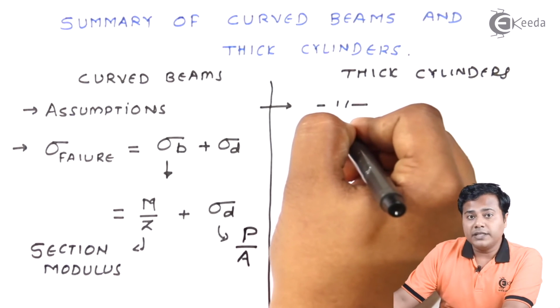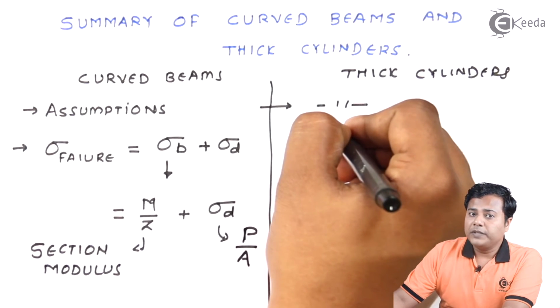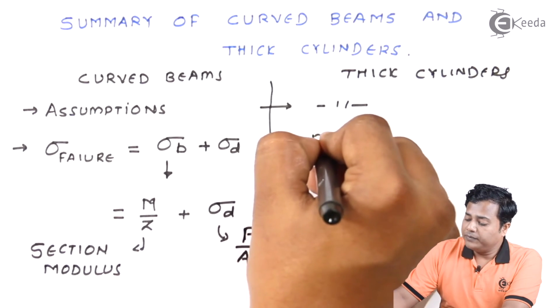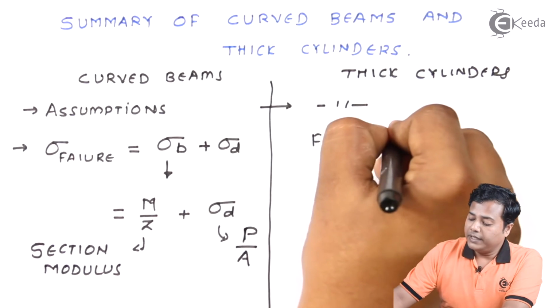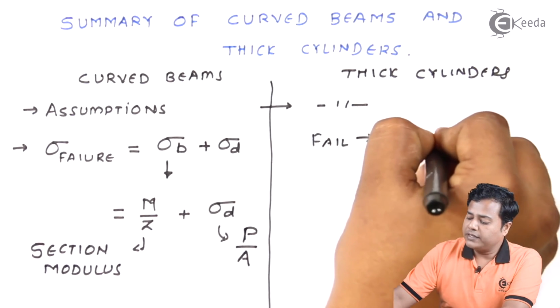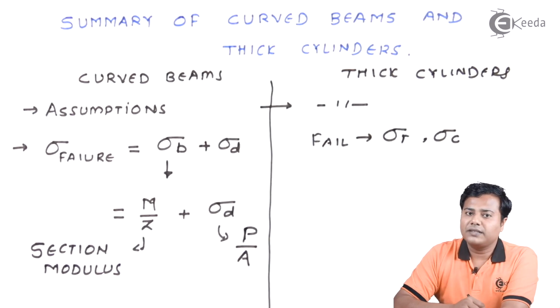Whereas in case of thick cylinders, we have seen that the thick cylinder can fail under radial stress as well as circumferential stress. We know that radial stress and circumferential stress are given in terms of Lami's equation.